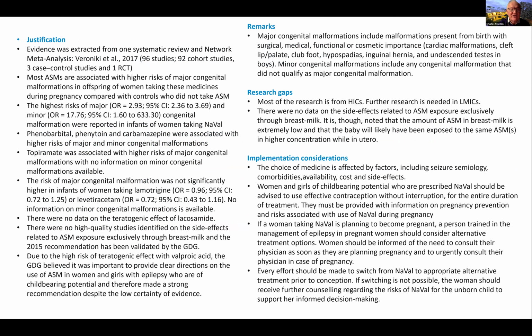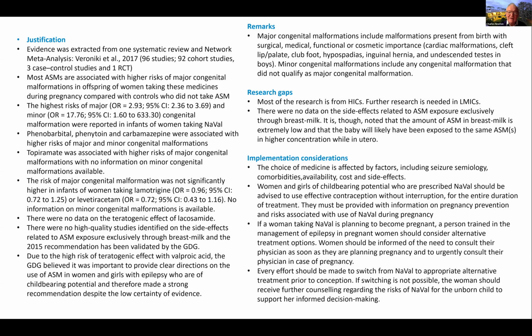This not only applies to sodium valproate, but also to phenobarbital, phenytoin, and carbamazepine in large population-based studies as such. Topiramate was also identified as being associated with congenital malformations and should be avoided in girls and women who are likely to fall pregnant.